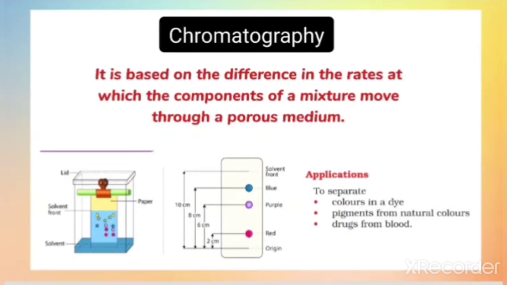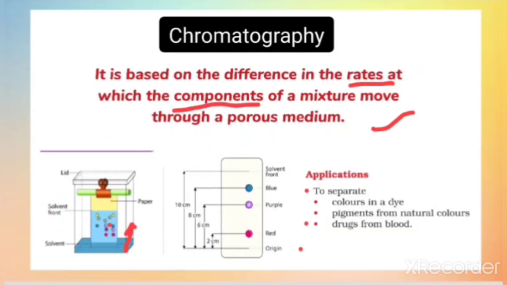The next technique is called chromatography. Chromatography is based on the difference in the rate at which the components of a mixture move through a porous medium. Like when we mix two color inks and spot them on this paper, called chromatographic paper, and hang it in a particular solvent, we can see that as the medium is porous, the liquid rises, and due to the difference in the rate at which the components of the mixture move, we are able to separate the different colors on the paper.